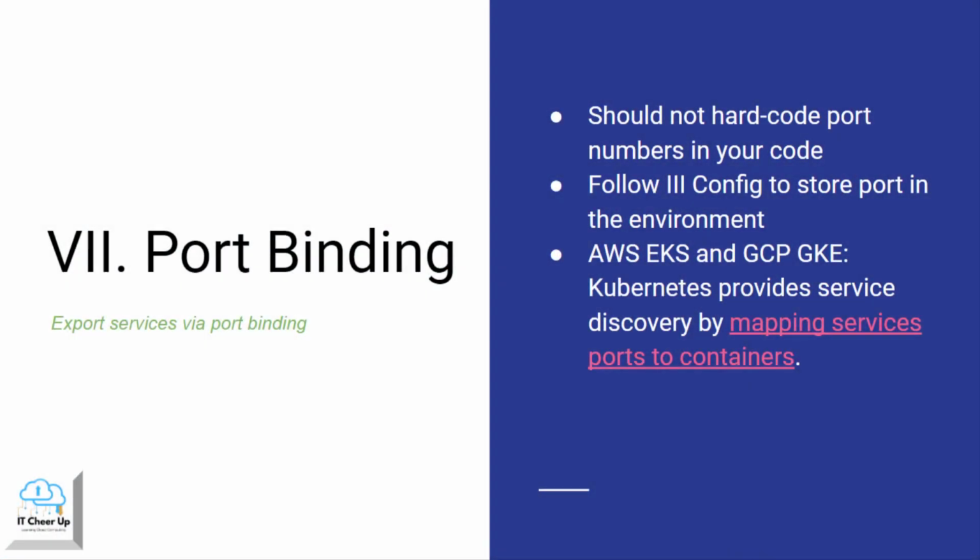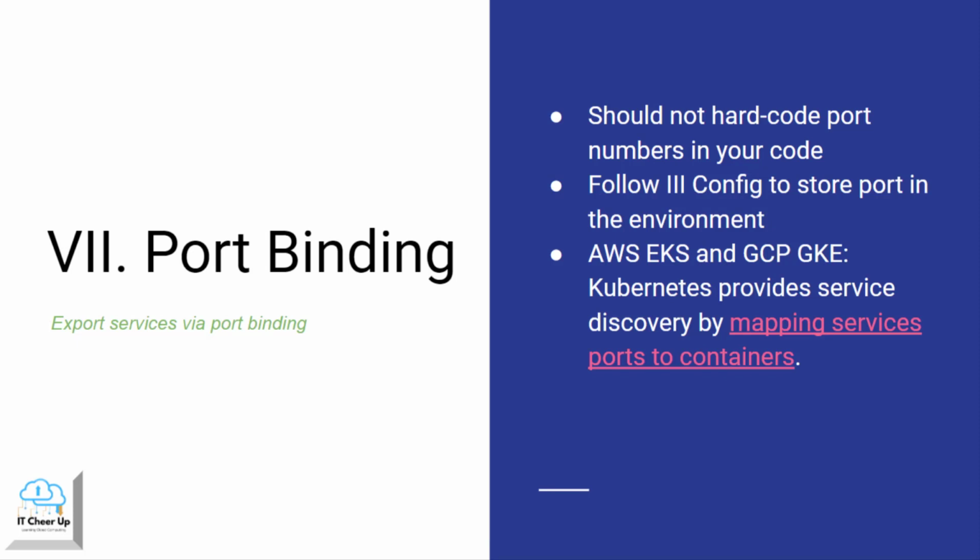Number 7, port binding. The 12-factor app is completely self-contained and does not rely on runtime injection of a web server into the execution environment to create a web-facing service. So you need not hard-code port numbers in your code.